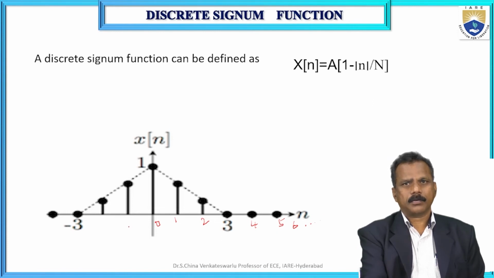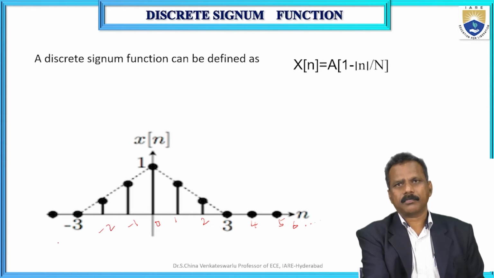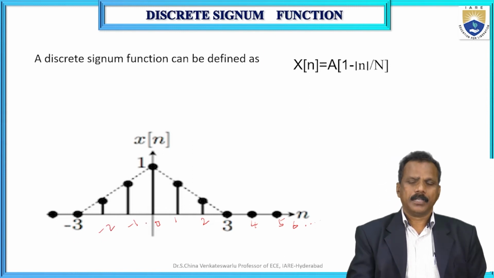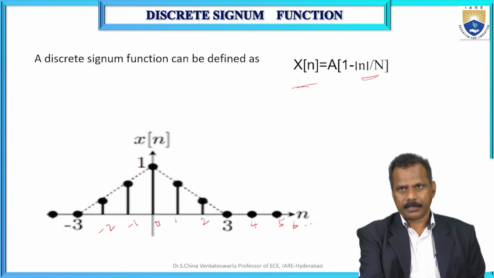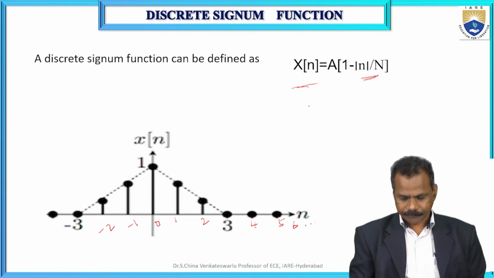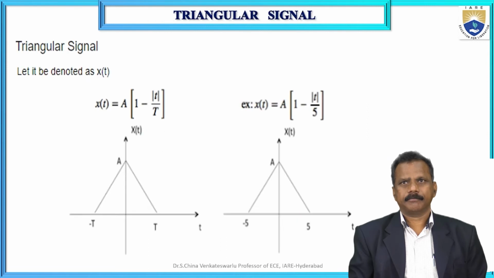Here also n is equal to minus 1, minus 2, minus 3, minus 4 and so on. According to this condition, x of n is equal to a into 1 minus mod n by capital N. You can represent this graphically. The triangular signal, let it be denoted as x of t, where x of t is equal to a into 1 minus mod t by capital T.